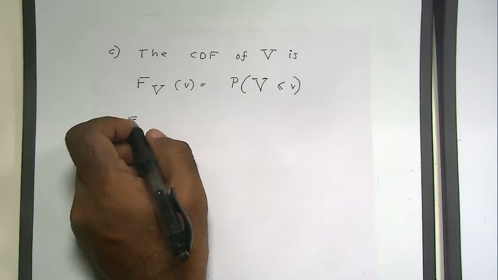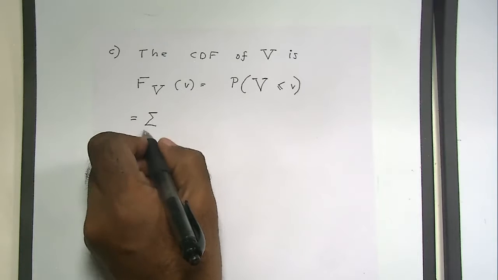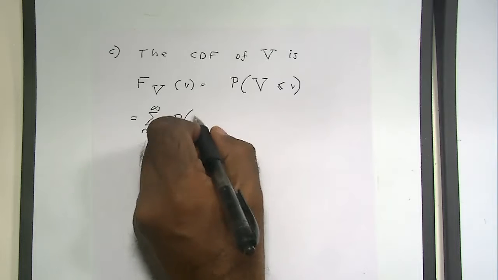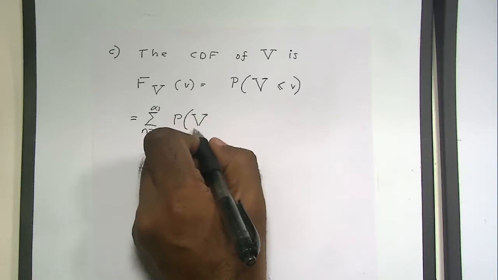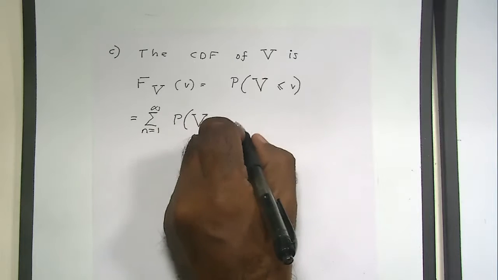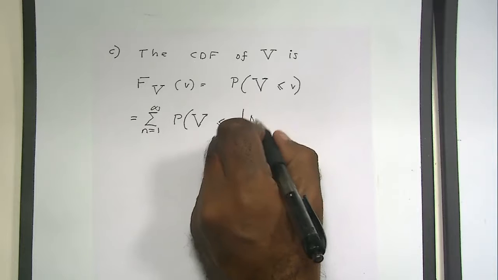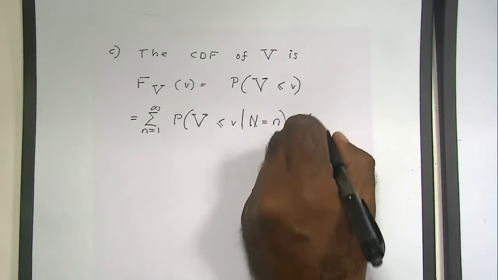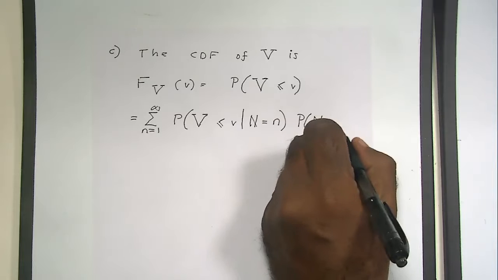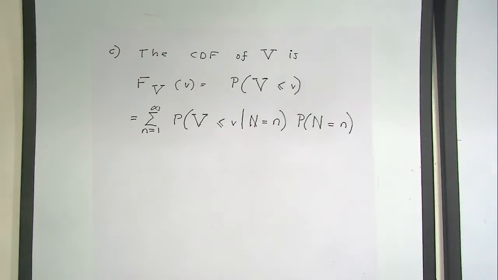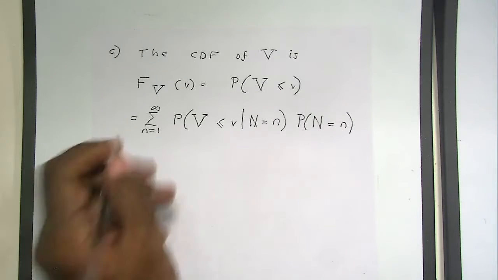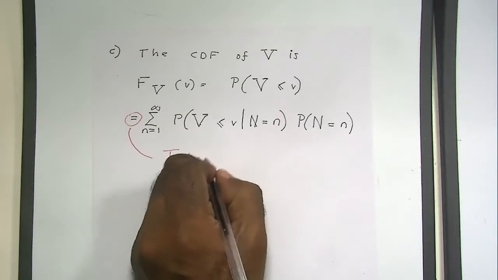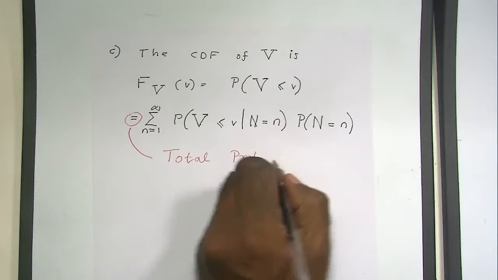And once again, by the total probability rule, you can write this as this, right? So let me write one more time. This is the total. I applied the total probability rule.